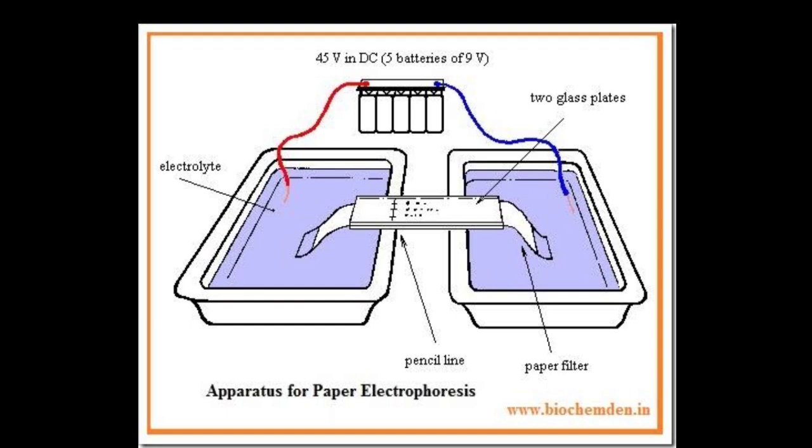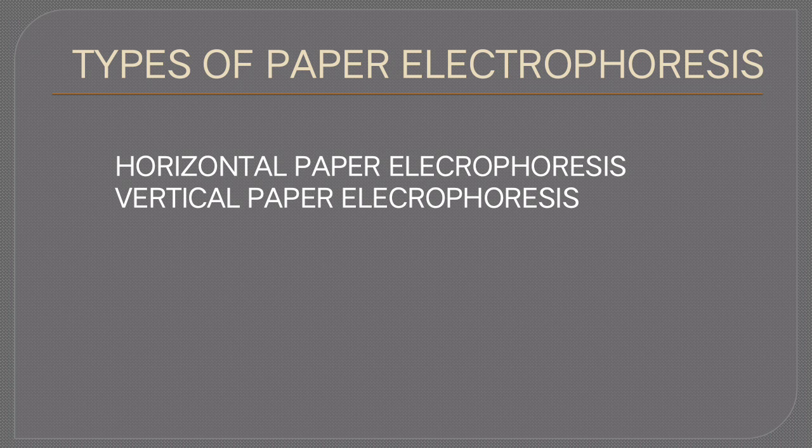Based on the design of the instrument, paper electrophoresis is classified into two types. One is horizontal paper electrophoresis, and the other is vertical paper electrophoresis.